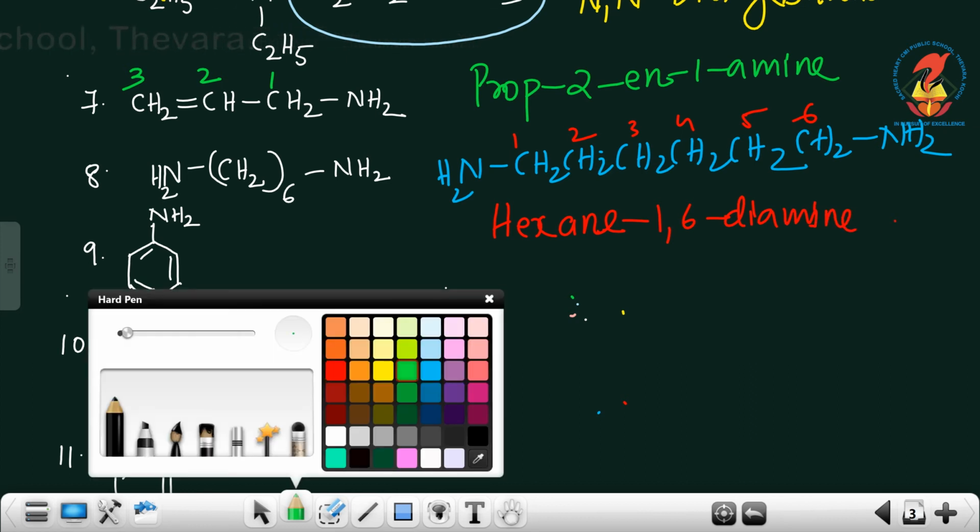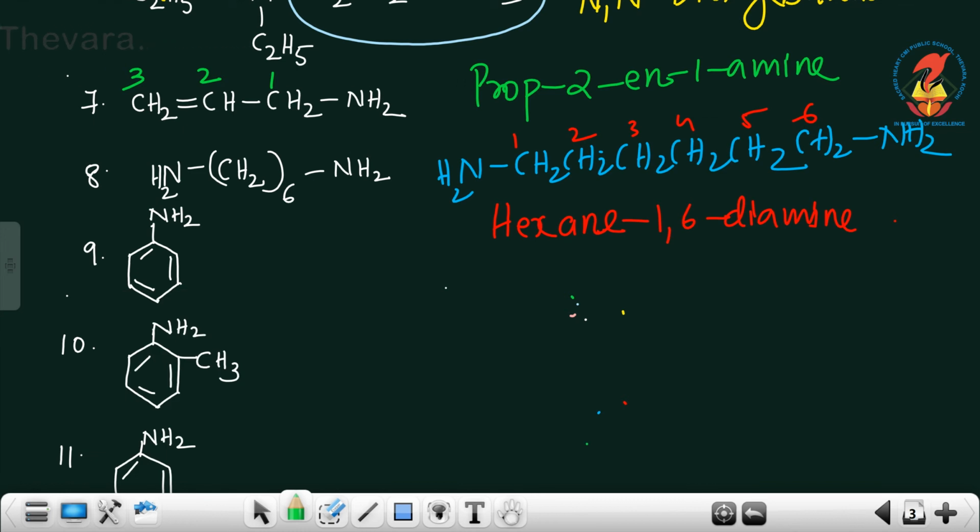Now the next question is a benzene ring containing NH2. When a functional group is attached to a ring system, write the complete name of the ring, then write the functional group name.